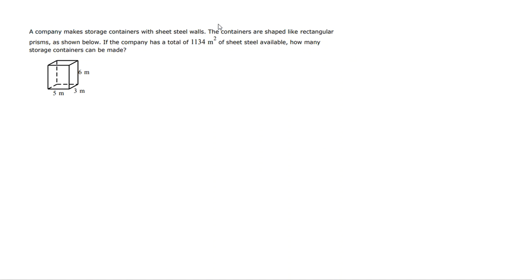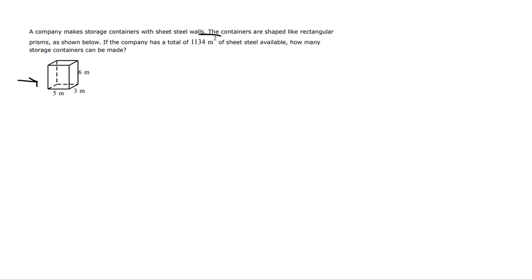Okay, last question. A company makes storage containers with sheet steel walls. The containers are shaped like rectangular prisms as shown below. If the company has a total of 1,134 meters squared of sheet steel available, how many storage containers can be made? So we want to know what the surface area of one container is.